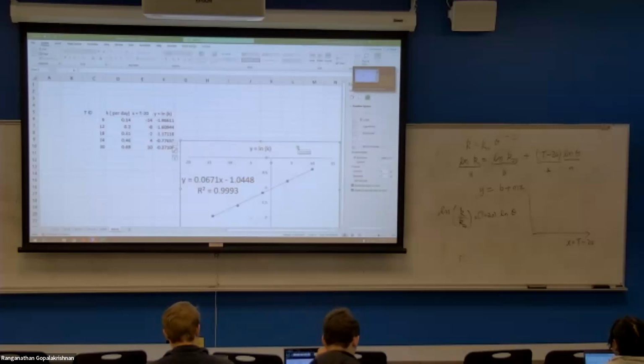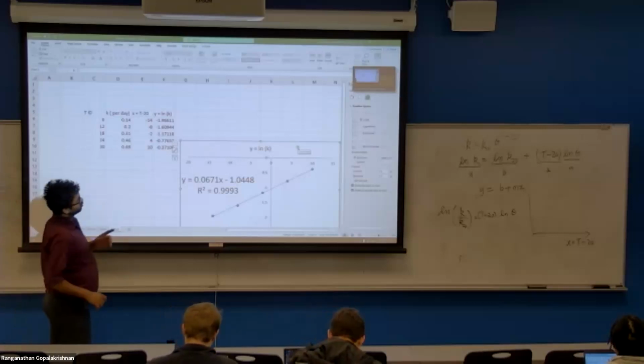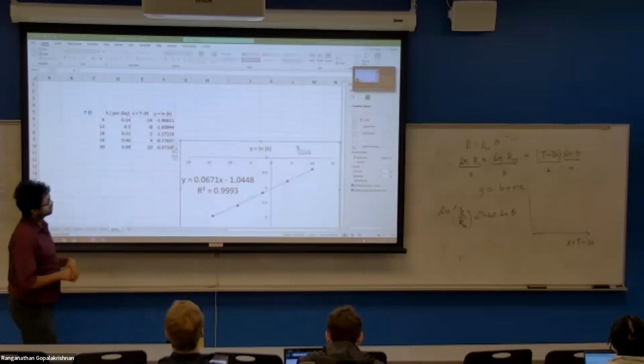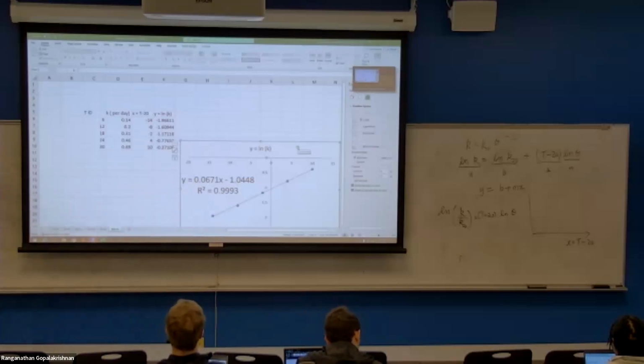Here's your equation. Slope is what? 0.671. What is my slope? Slope is natural log of theta.